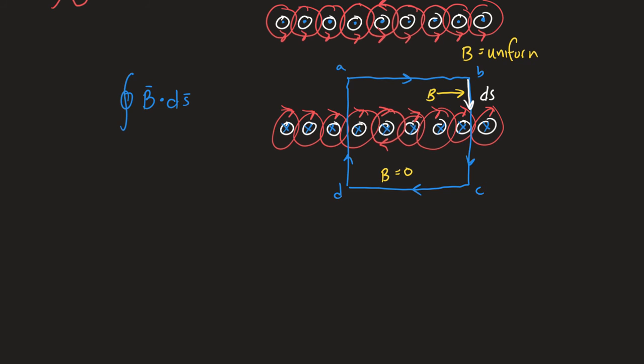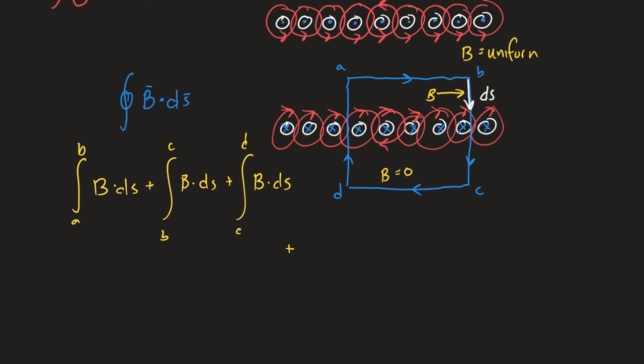So remember, this is a sum and has to be a closed loop. So there's A to B, B dot ds, plus B to C, B dot ds, plus C to D, B dot ds, plus D back to A, B dot ds.